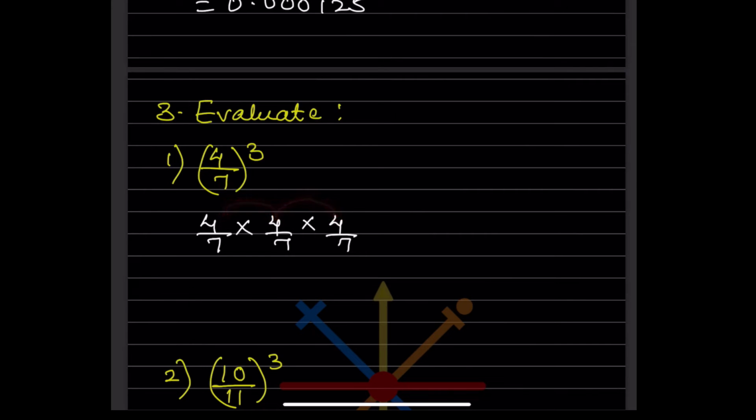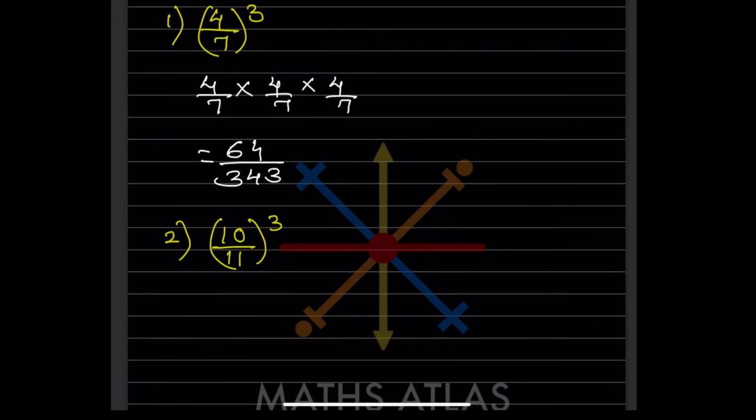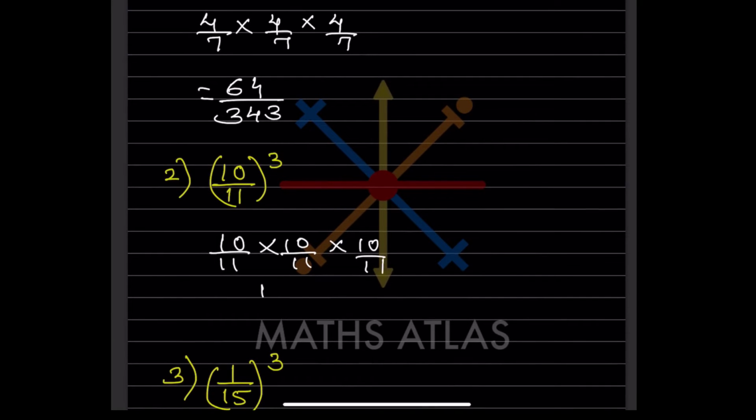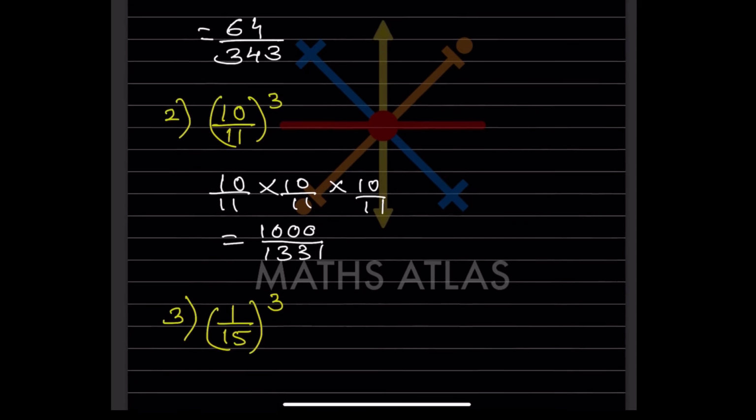This will be 64, and this will be 343, because 7 7s are 49, and 49 7s give 343. Now same for here. That is going to be 1000 divided by 11 11s is 121, and 121 11s are 1331. So this is the answer.